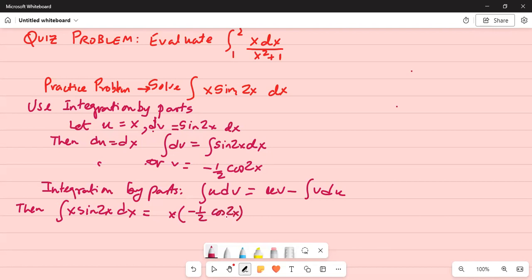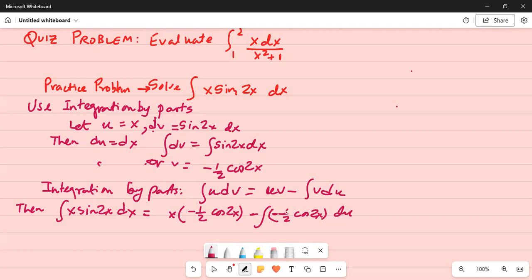That's the uv part. And then the next part is minus integration of v du. v is minus half cosine 2x, there's a minus sign, cosine 2x, and then du. So I substituted v as minus half cosine 2x, and then it is du.